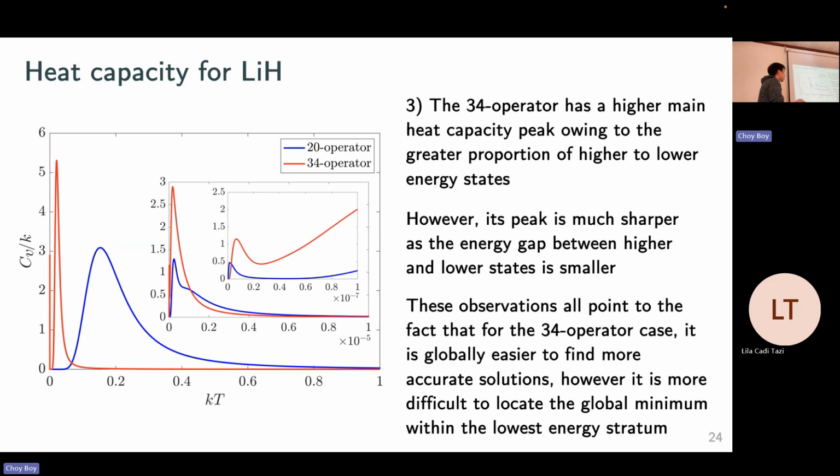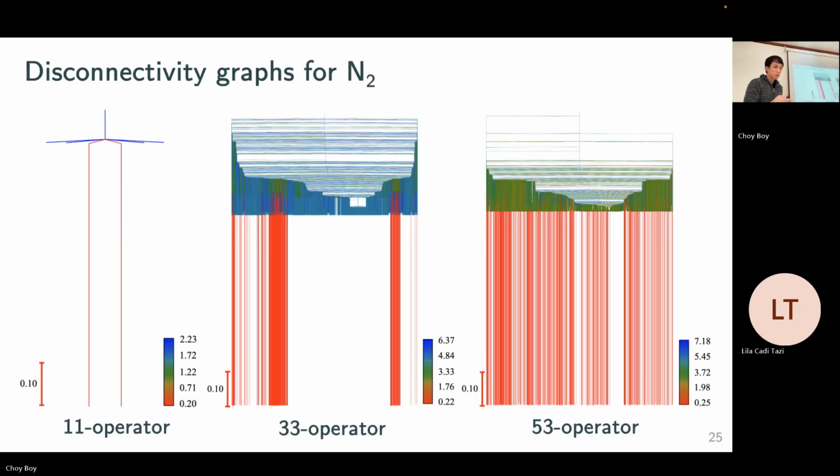So the main takeaway is that it's globally easier to find an overall solution, you're getting better approximations for the energy in the 34 operator case compared to the 20 operator case. However, locally it's going to be more difficult to find the global minimum within the lowest energy neighborhood. We also did this for nitrogen.